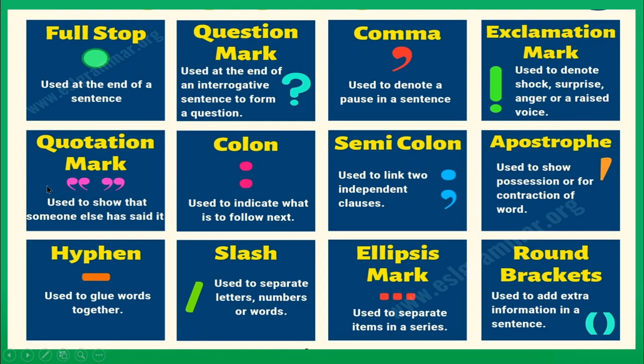Quotation mark is used to show that someone else has said it. Colon is used to indicate what is to follow next. Semicolon is used to link two independent clauses. Apostrophe is used to show possession or for contraction of words.